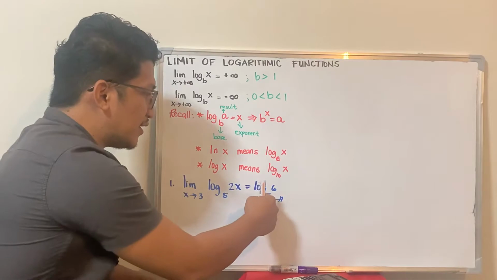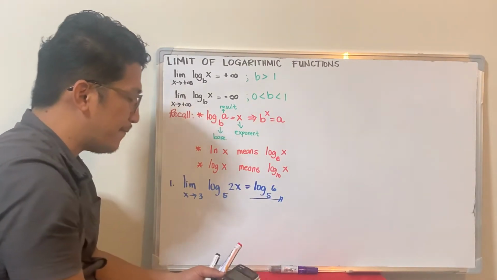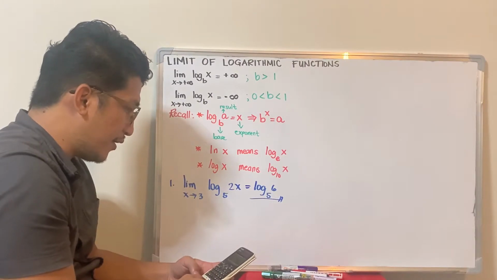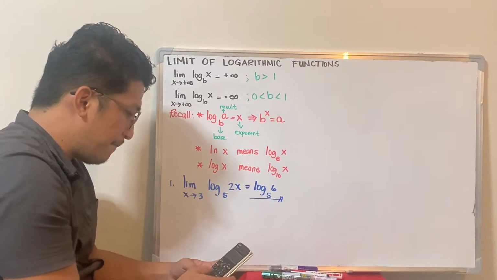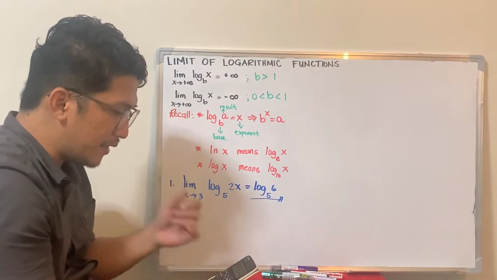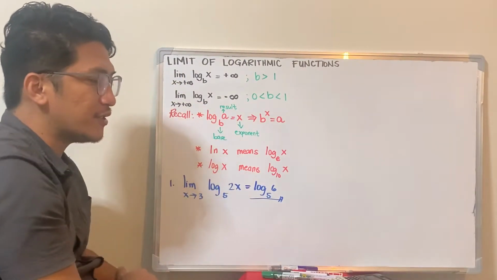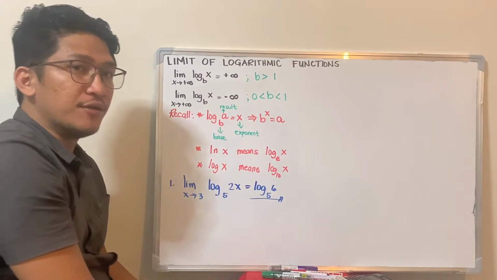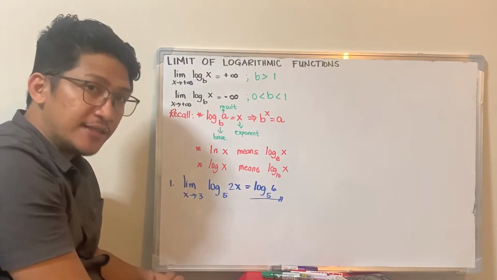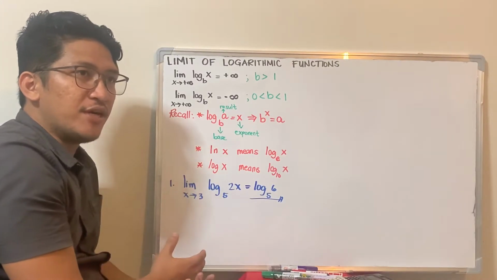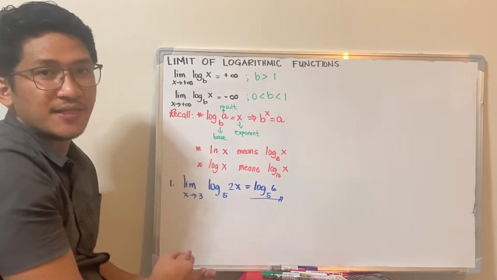This one is a constant number, no longer a variable. If you check it on a calculator, the logarithm of 6 base 5 is approximately 1.11. Okay, so that is the value. And 1.11 approximately is an irrational number and also a real number. By the standard, the limit should be a real number. Otherwise, it does not exist.